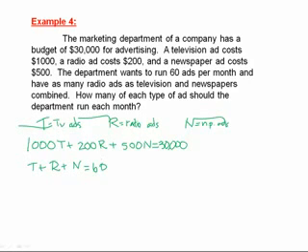All right, the last one says that it has to have as many radio ads as television and newspapers combined. So that means that your radio needs to be the same as your television and your newspaper combined. Okay, so we have three variables, three equations of which we can solve for all three of those.